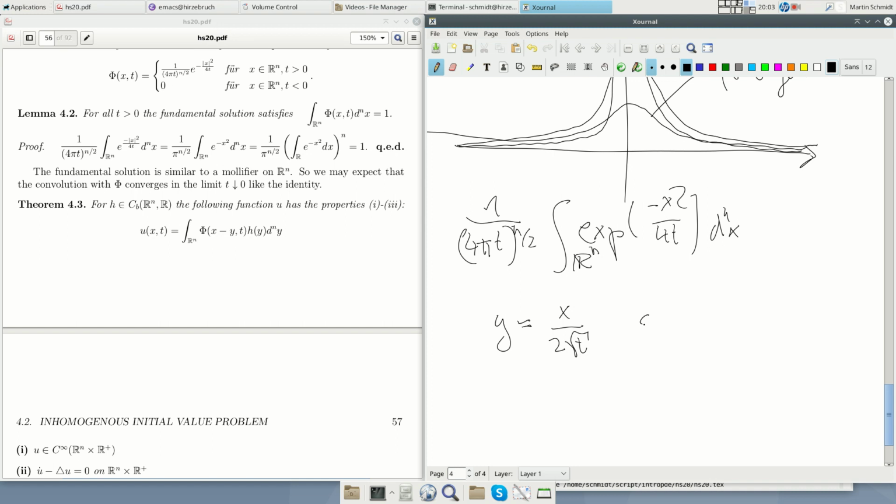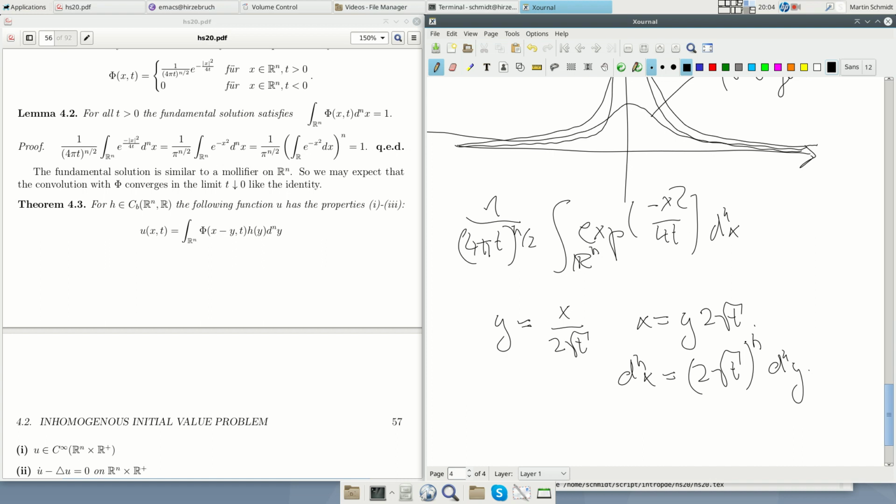Of course, this means x is equal to y times 2 times square root of t. So dnx is equal to 2 square root of t to the power of n times dny.